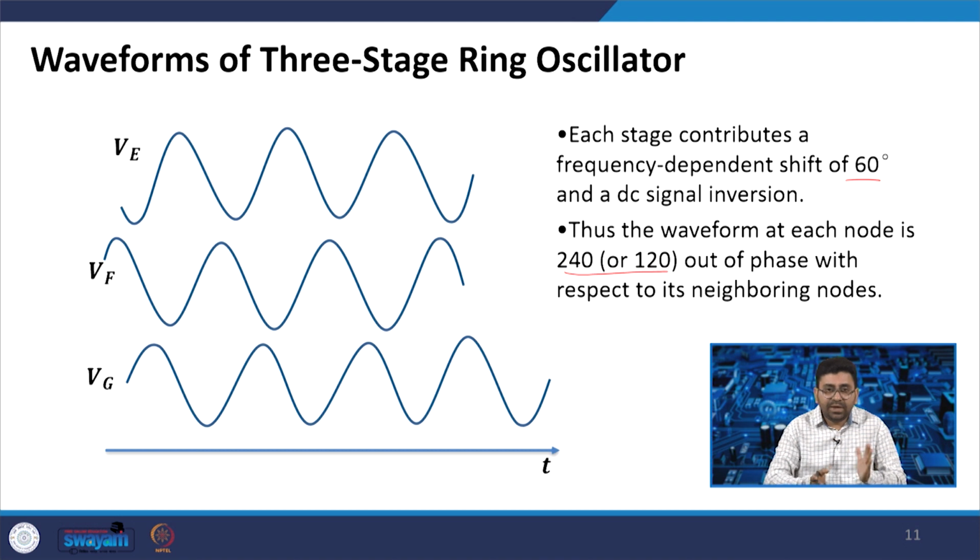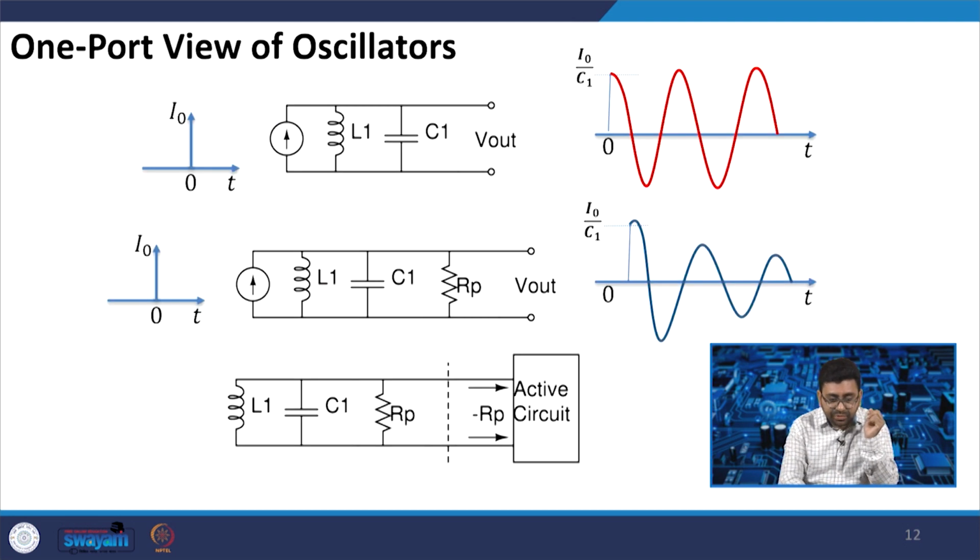Now, we are moving to the other kind of oscillator, and in order to understand that oscillator, we will see the one port view of the oscillator. So, what does one port view of the oscillator mean? Now, you have an ideal inductor and capacitor which are required to generate the oscillation, and this is nothing but the well known tank circuit.